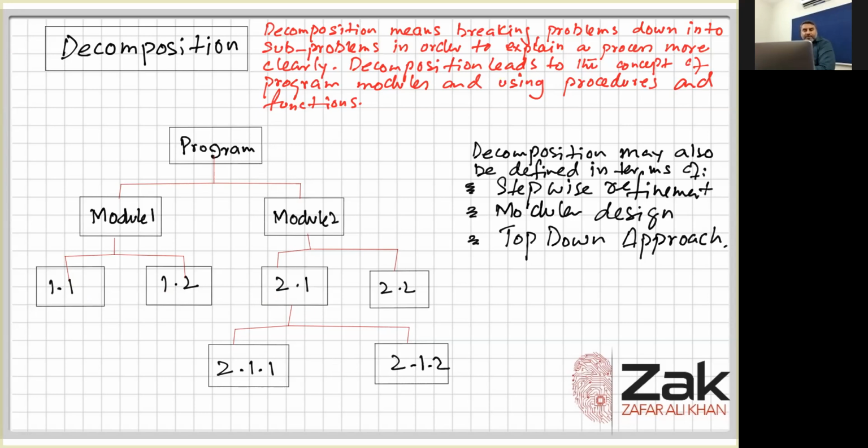This approach helps programmers, programming teams and IT administrators because it enables them to distribute a bigger solution among a number of programmers. That brings down the development time of the whole solution, number one.